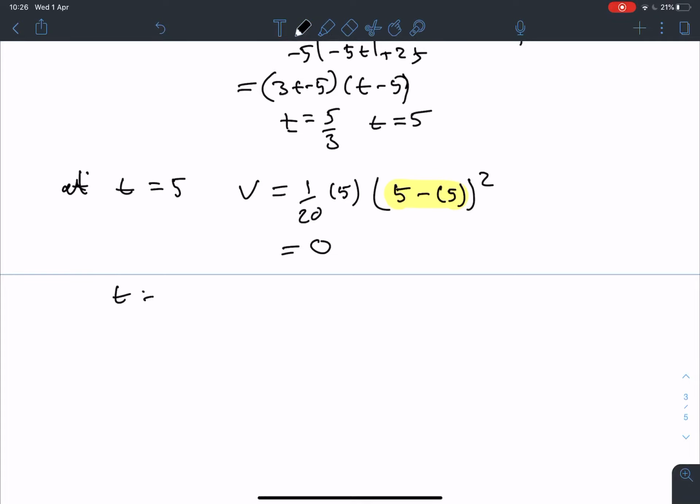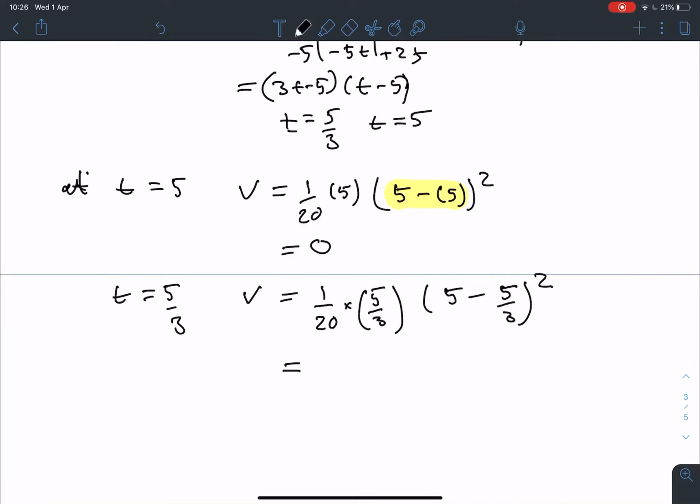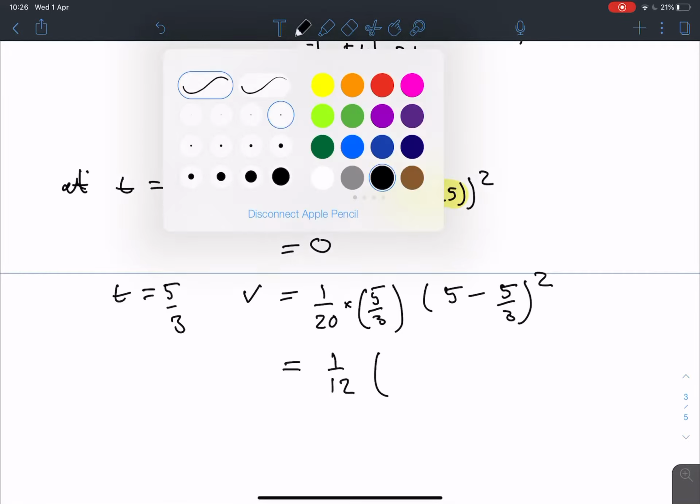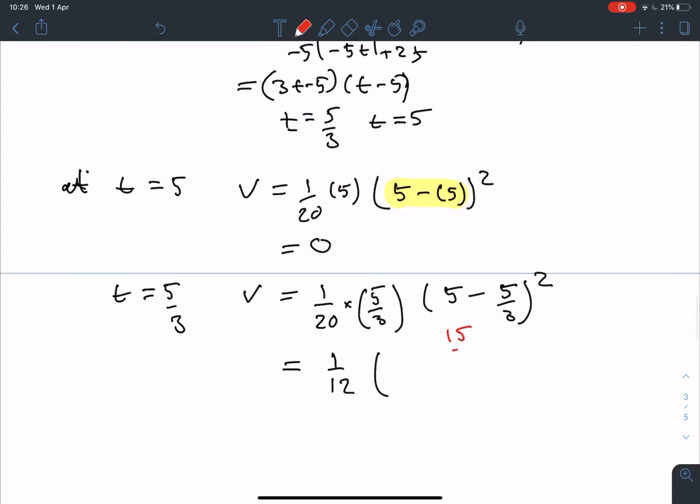At t equals 5 over 3 then, v equals 1/20 of 5 over 3 times 5 minus 5 over 3 squared. So 1/20 times 5 over 3, the 5 and the 20 cancel to give a quarter, so we get 1/12 of. Think of the 5 as 15 over 3.